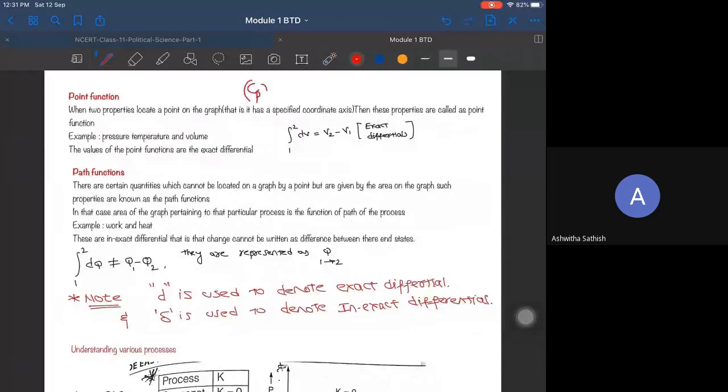Cp of air is 1.005. Correct. And Cv of air is 0.74. Faisal.